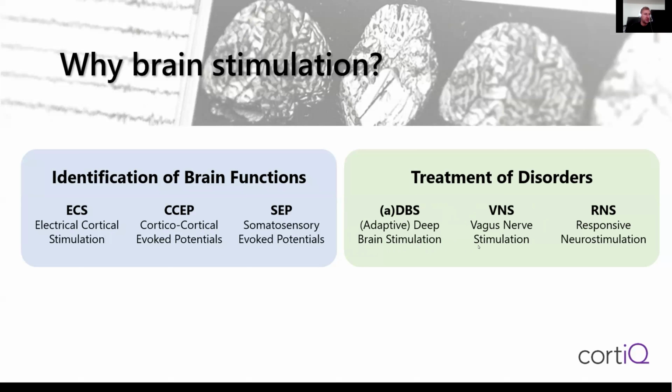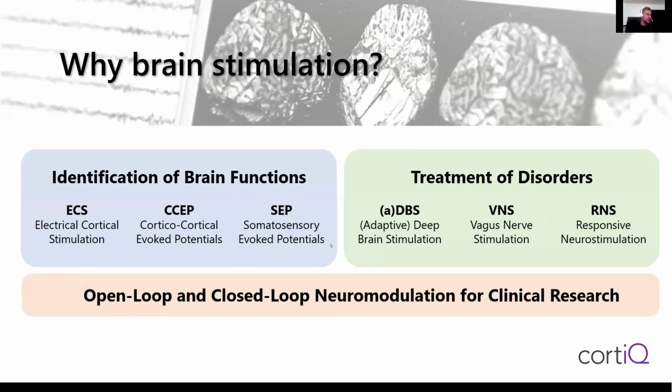This is a peripheral nerve where you can suppress or reduce the number of seizures in epilepsy. And then also, for example, another application is responsive neurostimulation, where you can stimulate into the epilepsy hotspot, so the foci, and by that terminate seizures when they are detected.